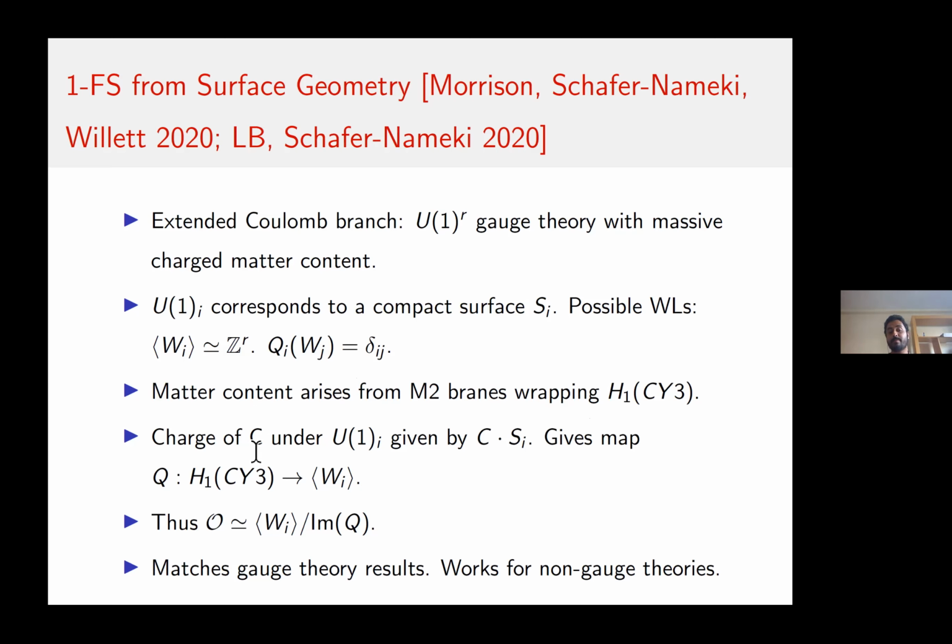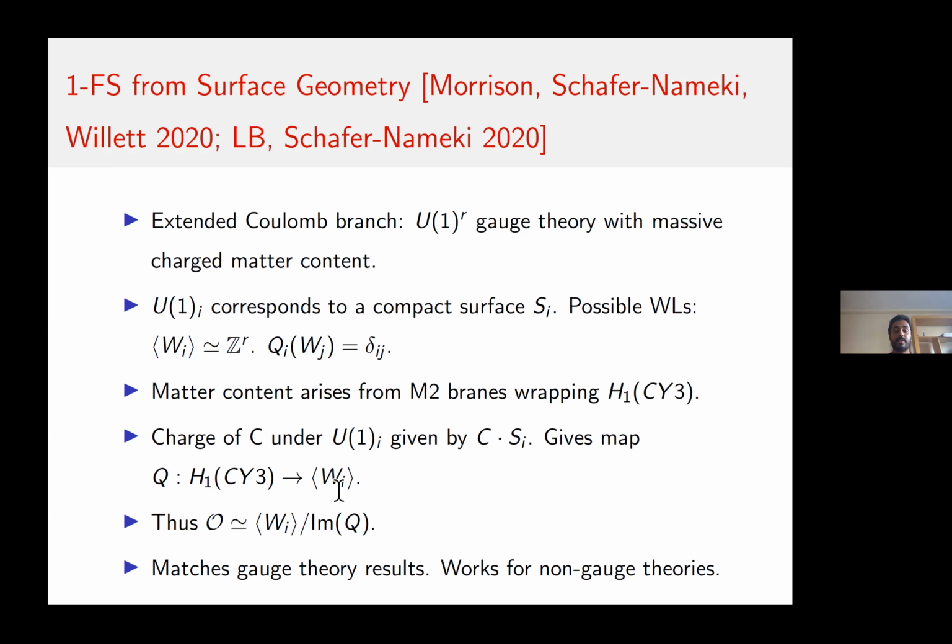And so let's pick some curve C inside this H2. Its charge under U(1)_i is given by taking the intersection number between this curve and the surface corresponding to U(1)_i. So this gives you the gauge charge, and this gives you a map Q from this H2 of the Calabi-Yau to this lattice of Wilson lines that we are considering.